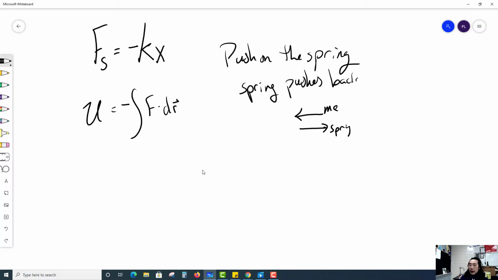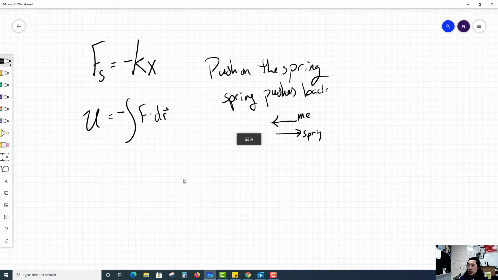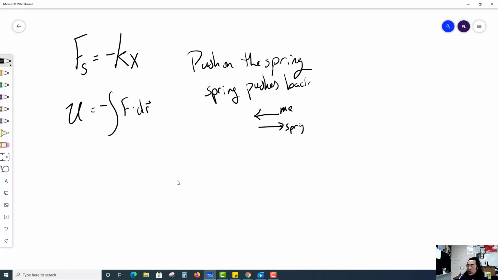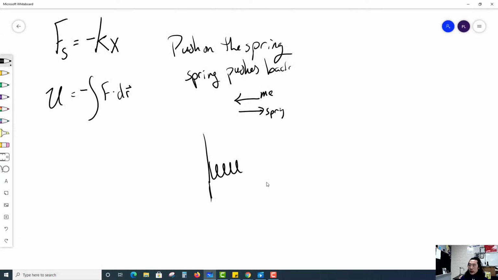Okay. And let's find our constraints. To find the constraints, I'm going to start off with a quick little sketch. Let's imagine that we have a spring that is horizontal, and this is its initial state. This is when we don't stretch it at all. It's right here. At that state, we can call that x is equal to 0 meters.